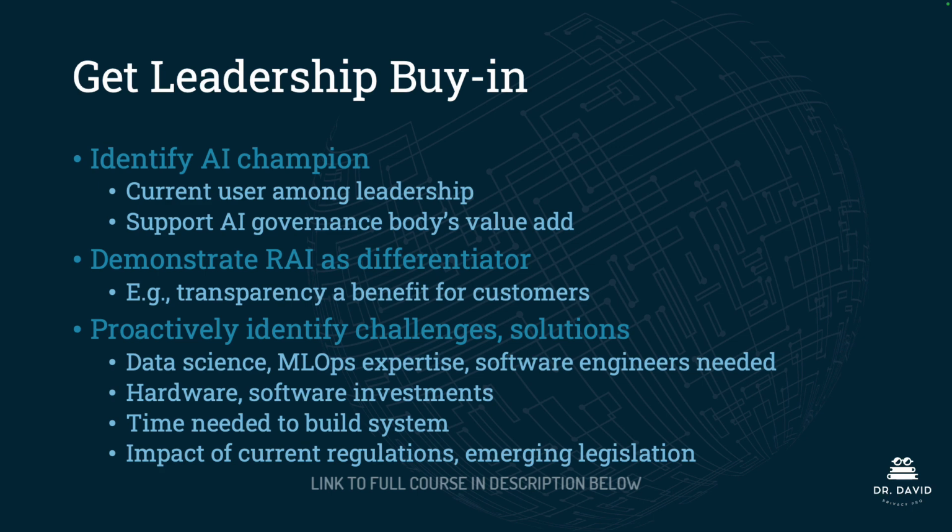To identify an AI champion, look amongst current leadership for someone who is already using AI. Hopefully, this is someone who can speak to the experience of onboarding the system or going through the development process. They're going to understand the value add that an AI governance body has and can help make sure that you get the support necessary for that.